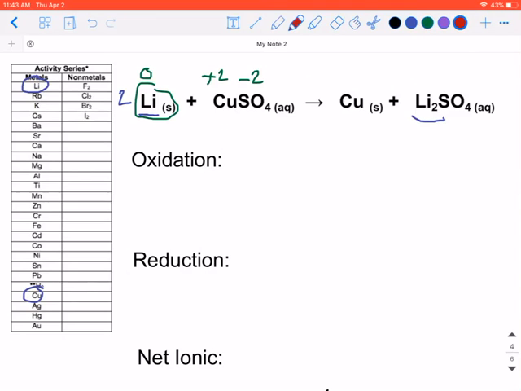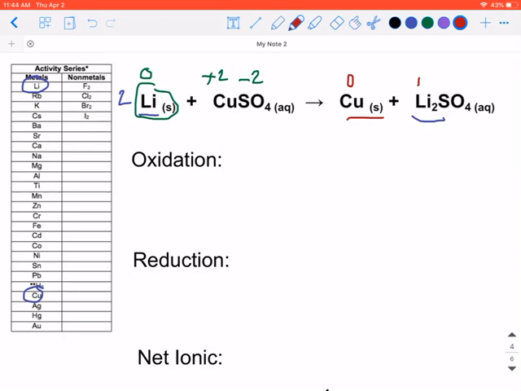And then on the product side, copper is now all by itself, right? Not chemically bonded to anything, so copper is going to have a neutral charge now. And now lithium is ionically bonded to sulfate, but lithium is in group 1, and all of those metals have a +1 charge no matter what.